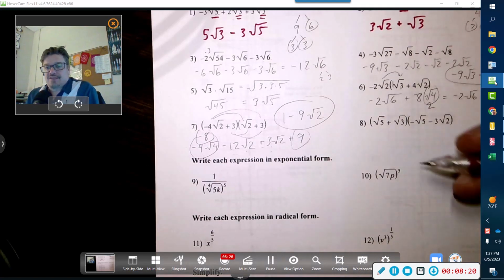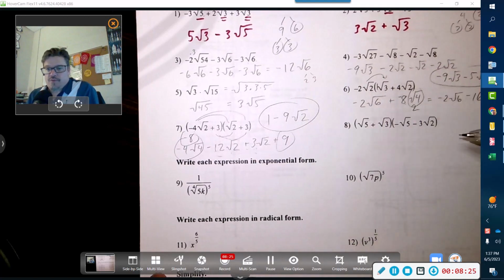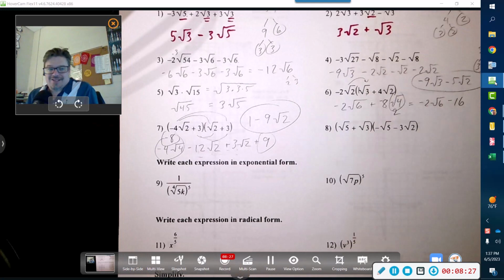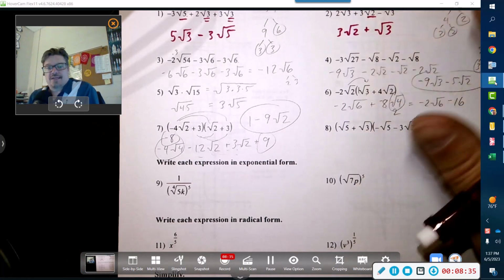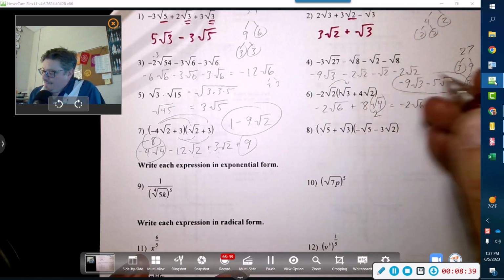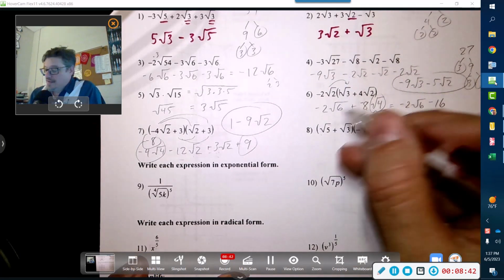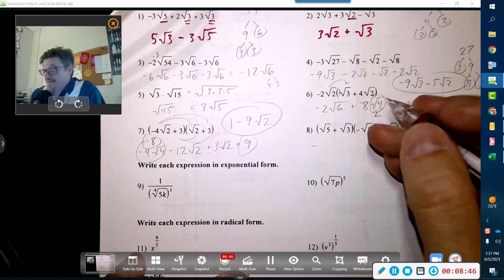Okay, same thing's going to happen here. Now you've got a total of 4 square roots being multiplied. This is pretty much as hard as it gets. And you're just going to multiply the inners with the inners, outies with the outies. Okay, coefficients with coefficients, radicands with radicands. All right. So radical 5 times radical 5. Oh, but that's negative, though. So that's going to be a negative radical 25, which is 5.